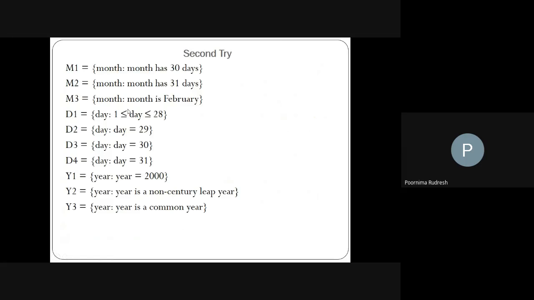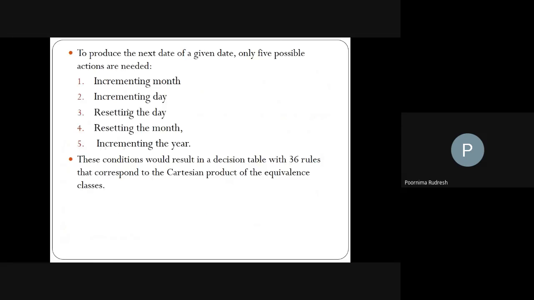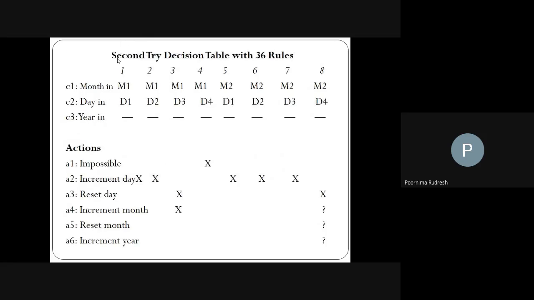It is equal to 28, right? M1 indicates the month which has 30 days and D1 is equal to 28. So if we set M1 as true and D1 as true, then the correct month and day is entered, and the day is incremented by 1.